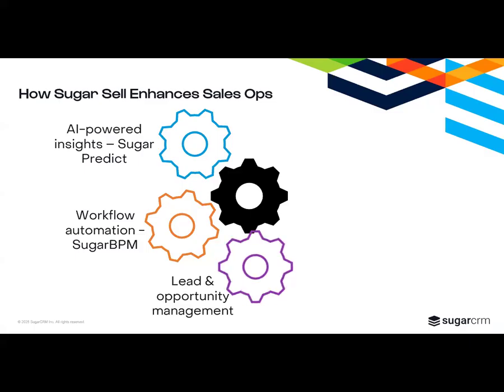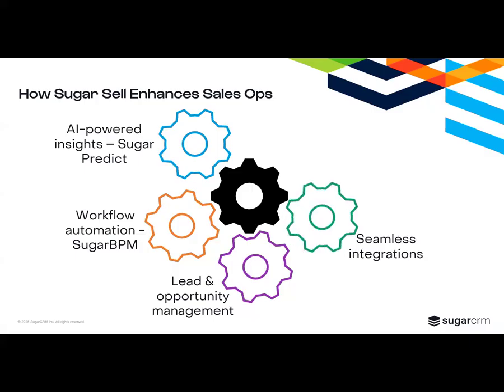Also, we can have information in Sugar, or should have information in Sugar, about leads and opportunity management. Yes, it does have some of the AI information in it, but it's about how we get from a lead to an opportunity and how that flows through the system. And then we have seamless integrations, whether it's integrated with the modules that are already in the system, modules that you can create as an admin, or any integrations that you have, let's say with an ERP system, for example.